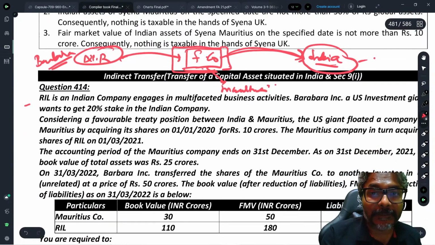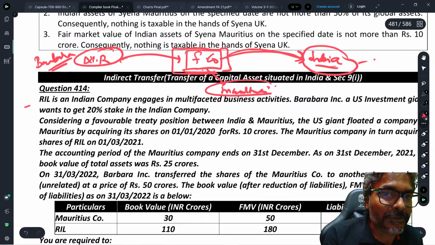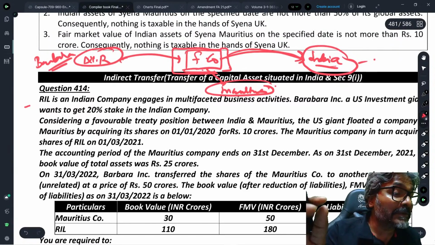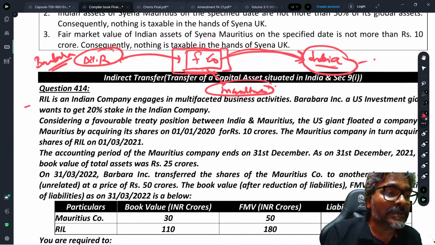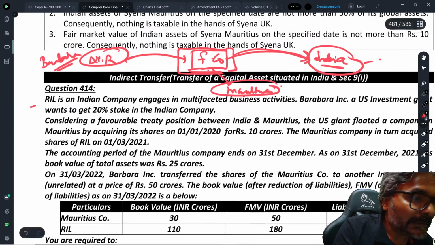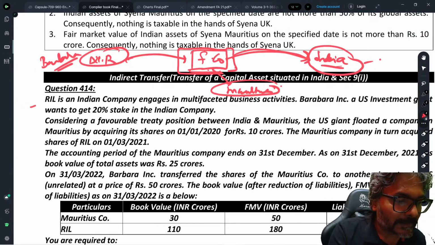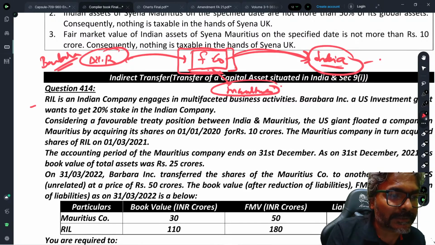So the Mauritius company is this, and the Indian company. Now here, students, you have to be very careful. Does the Mauritius company derive its value substantially from the Indian asset? Then this will come to students in this context.